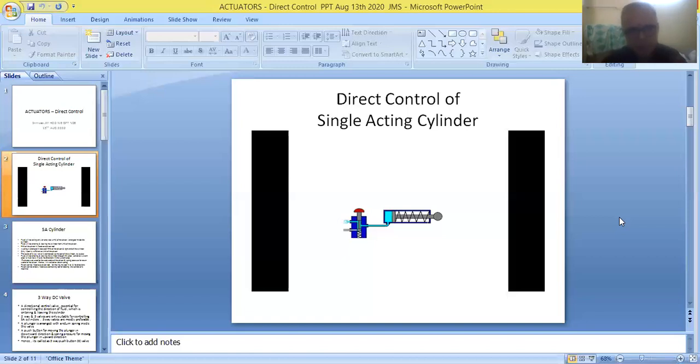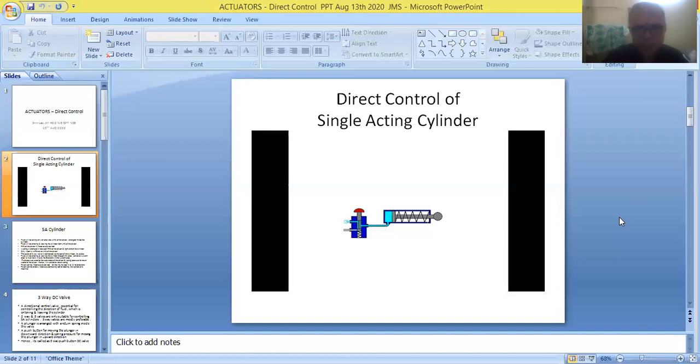Now, in the second phase of operation, the spring pressure will move the plunger in the upward direction. So when the plunger moves upward, it will come to the second position. And in this position, the outlet will be in contact with the exhaust, and the inlet will be in closed position.